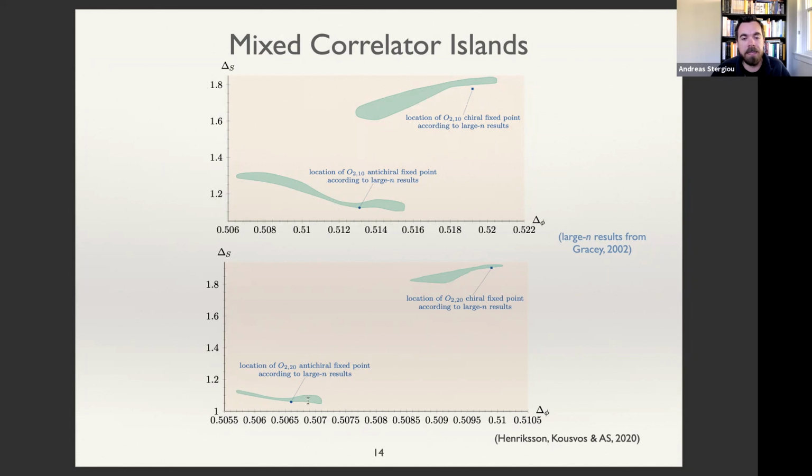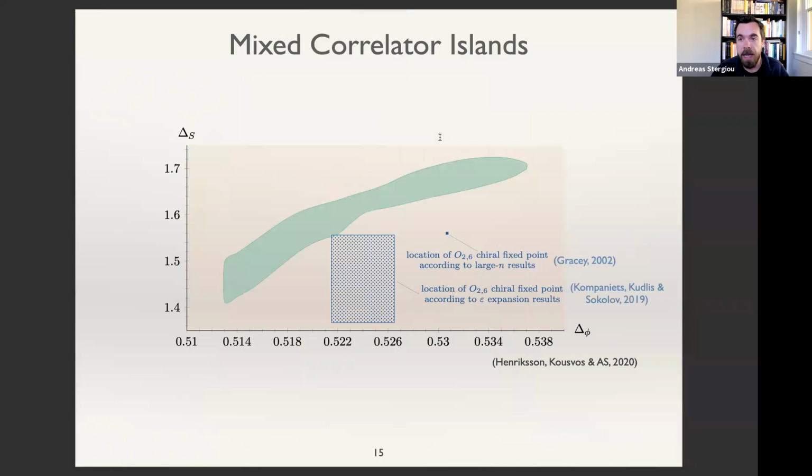You would say that these islands are a little bit farther away than these islands. I mean, it's not clear here, but if you do it for lower n, you should see those islands coming closer and eventually disappearing, but we have not seen that. But this is what you expect to see, of course.